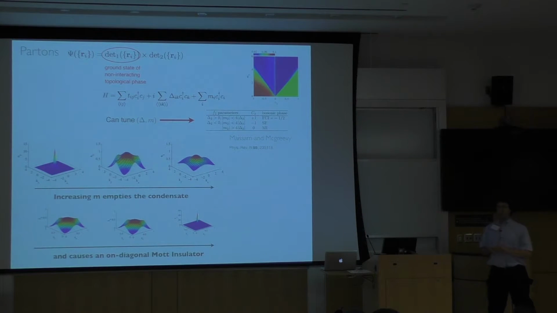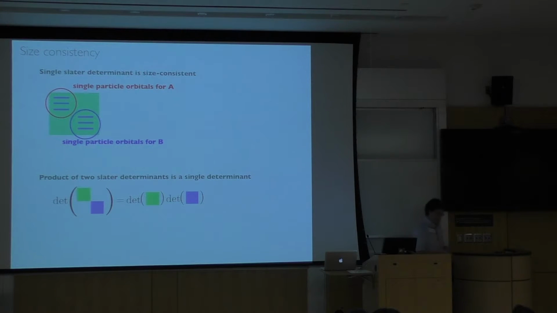And this is really actually pretty impressive because lots of very natural things that you might write down, like a Slater Jastrow with a 2-body Jastrow, can't do this. Moreover, this wave function has the property that it is also size consistent. So it's size consistent almost for a trivial reason. A Hartree-Fock state, a single Slater determinant, is size consistent, because more or less I can lock half my particles in system A and half my particles in system B by just choosing the right single particle orbitals.